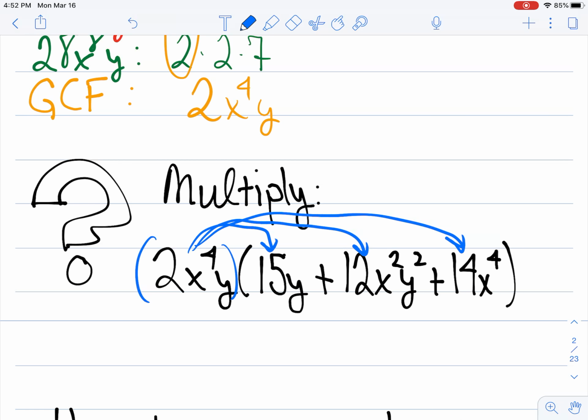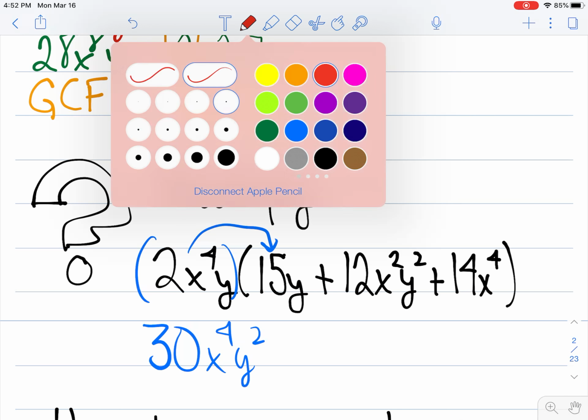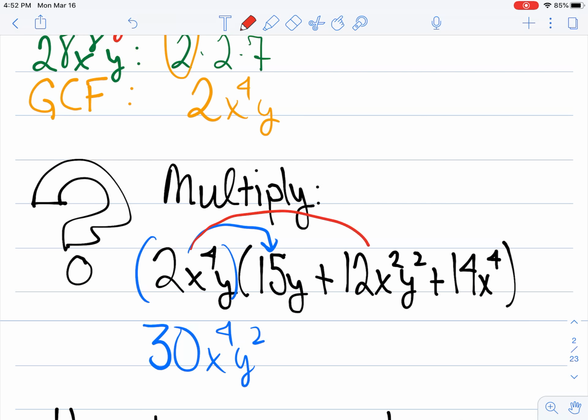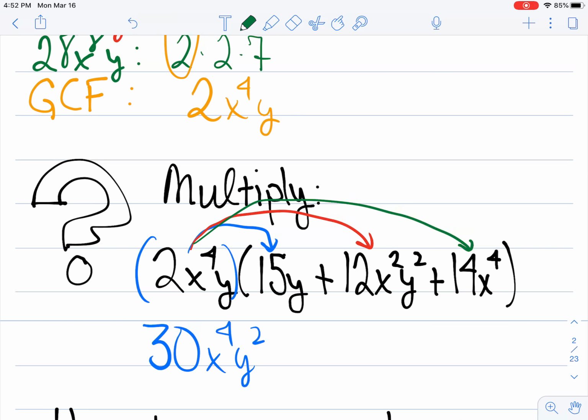Okay, so if you do this, then what happens is that you get 30x to the fourth y squared. I'm going to change these other arrows to red and green. So we have red and green.